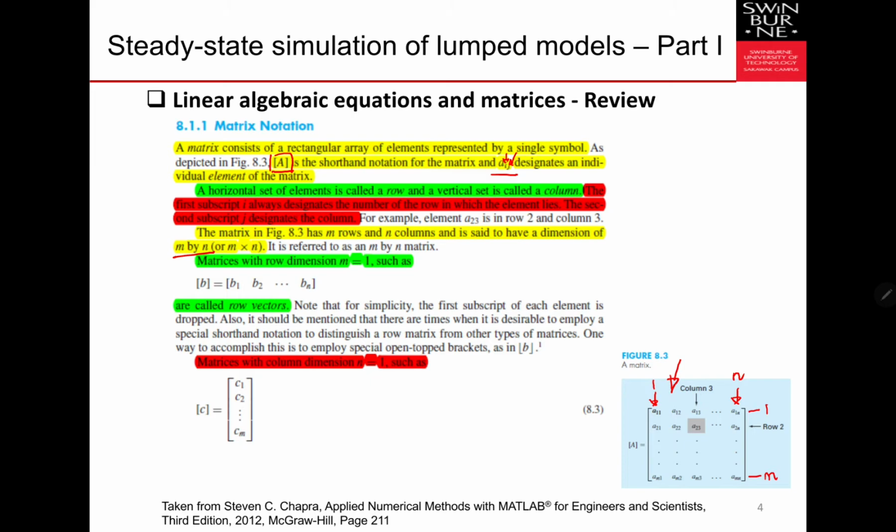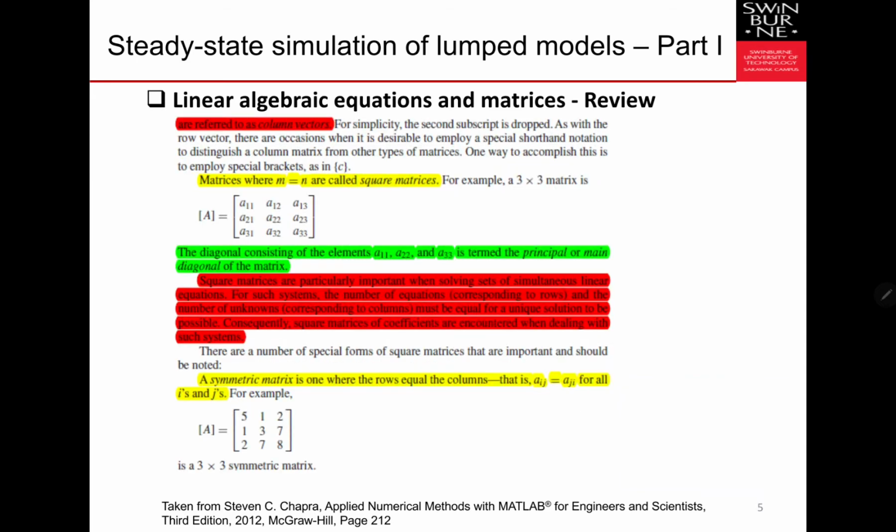A matrix with row dimension m equal to 1 is defined as a row vector. On the other hand, a matrix with column dimension n equal to 1 is defined as a column vector. A matrix with an identical number of rows and columns is called a square matrix.